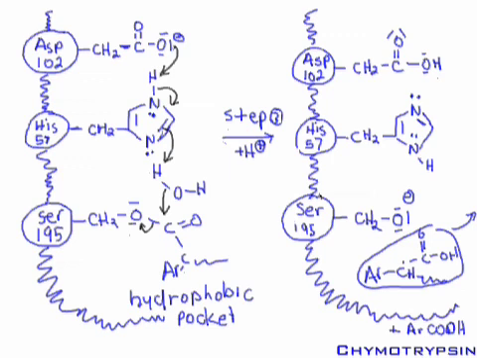This aromatic peptide fits in this hydrophobic pocket. This shows the cleavage, pointing out that in this large enzyme structure of chymotrypsin of over 200 residues, only 3 residues are actually involved in the chemistry. That's quite amazing.